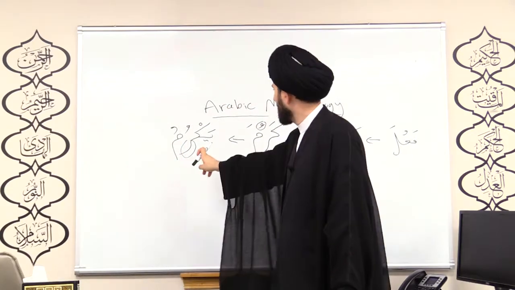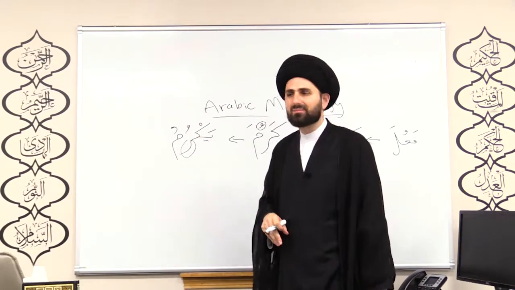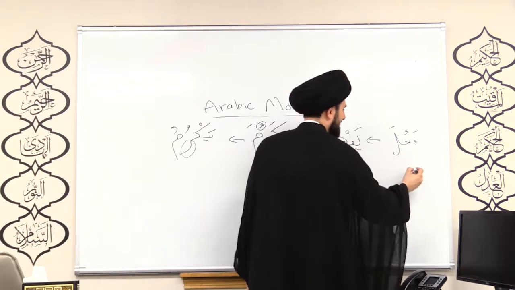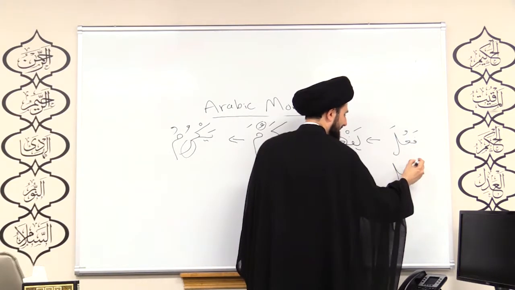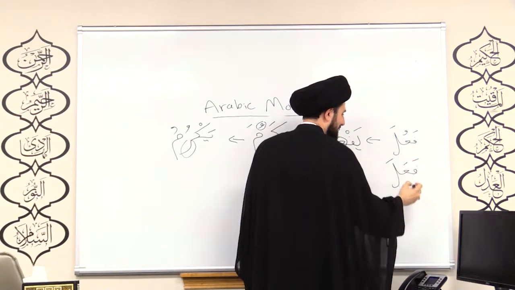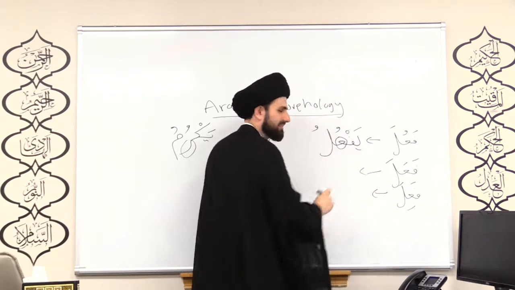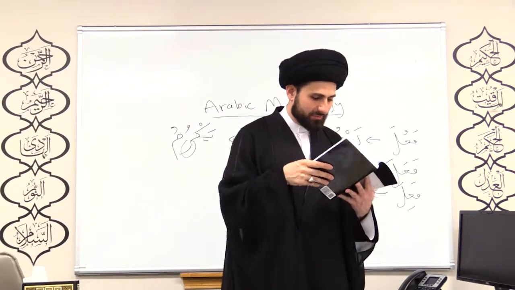If your madi has a dhamma in the middle one, your mudari' must have a dhamma on this one. It must be. That's the good part. That's the easy part. But if your madi is fa'ala, or fa'ila, it can come in different variations. So if it's fa'ala, it can be yaf'alu or yaf'ulu.